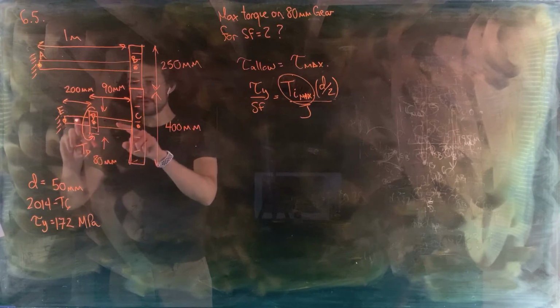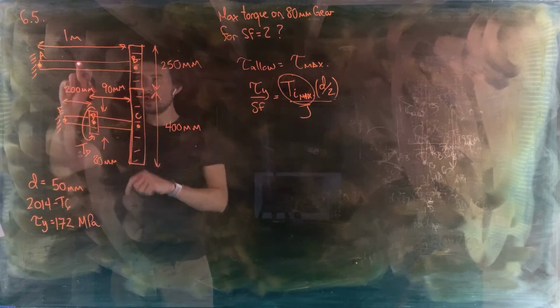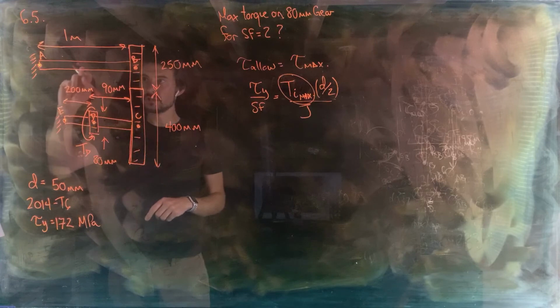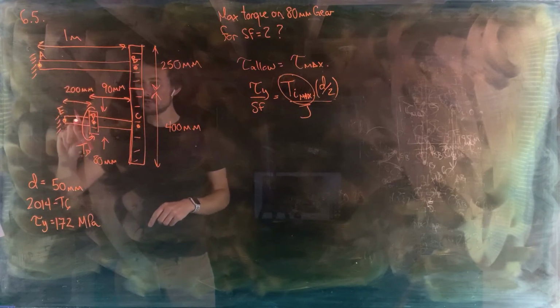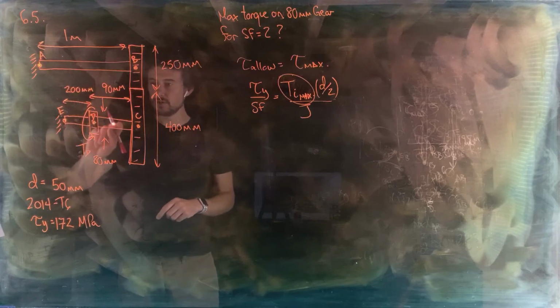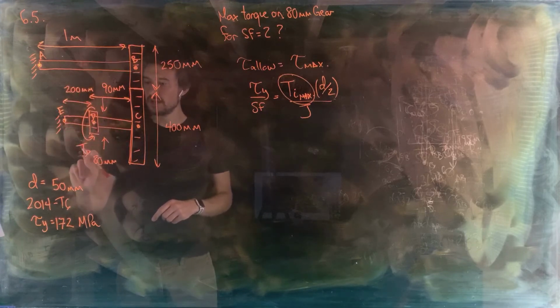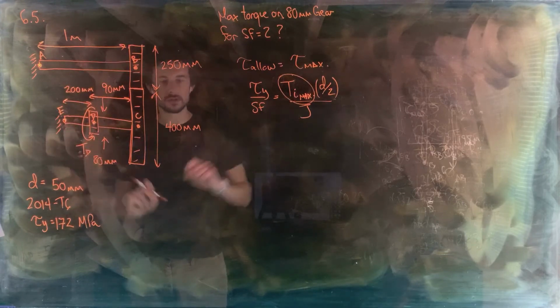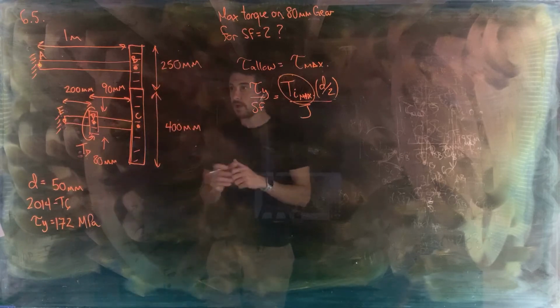After we do that and figure out which internal torque is the largest, we've got 3 options for internal torque. We'll have one internal torque in this section, one internal torque here, and a different internal torque here. And once we know what the largest of those 3 internal torques is in terms of T_D, then we can solve our equation. Okay.